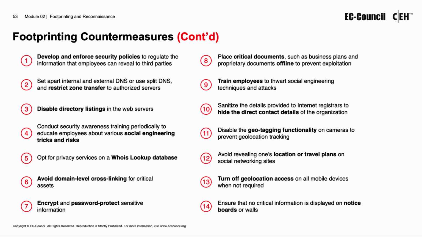All right, we see a few more items that we can do here, including developing and enforcing policies. Remember, everything starts with policy. And then looking at DNS, set up internal and external DNS, or use split DNS. And so this has to do with the way we represent the lookups involving our namespace of our organization.